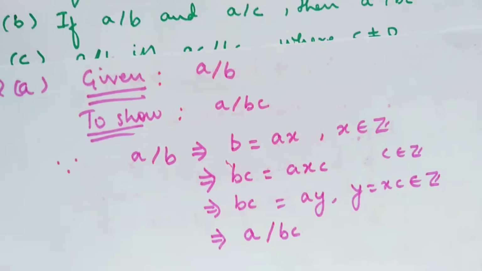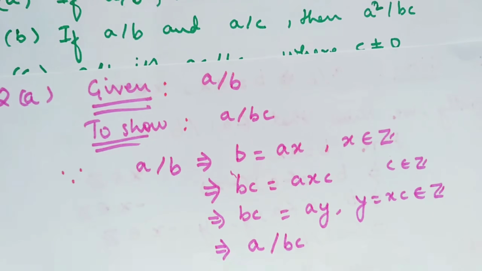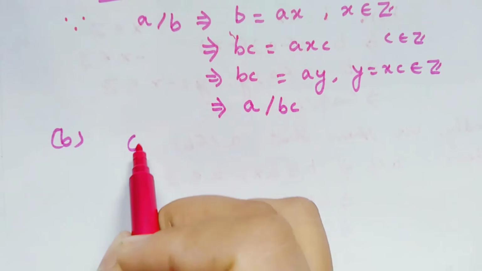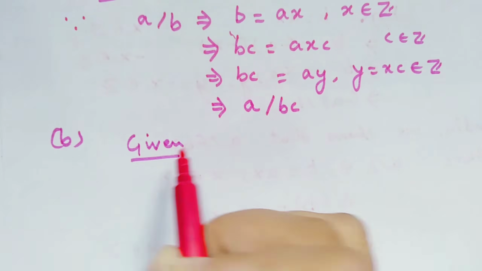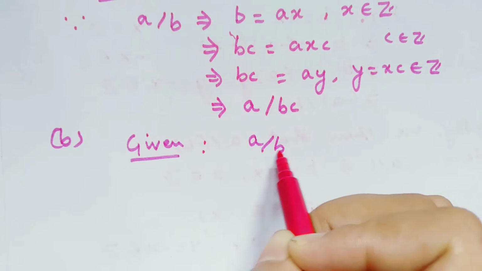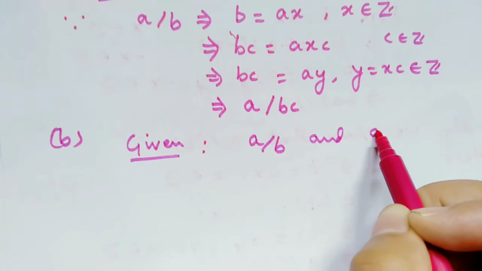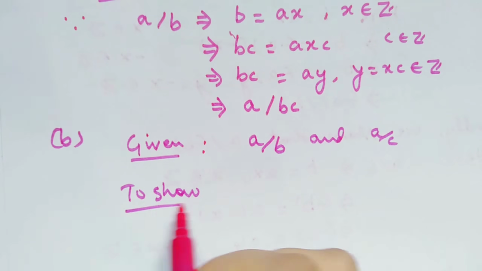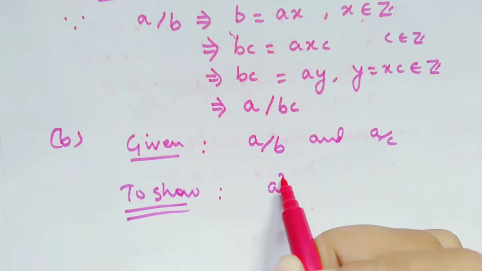Let's do b. Number b: if A divides B and A divides C, then A square divides BC. It's given that A divides B and A divides C, and we have to show that A square divides BC.